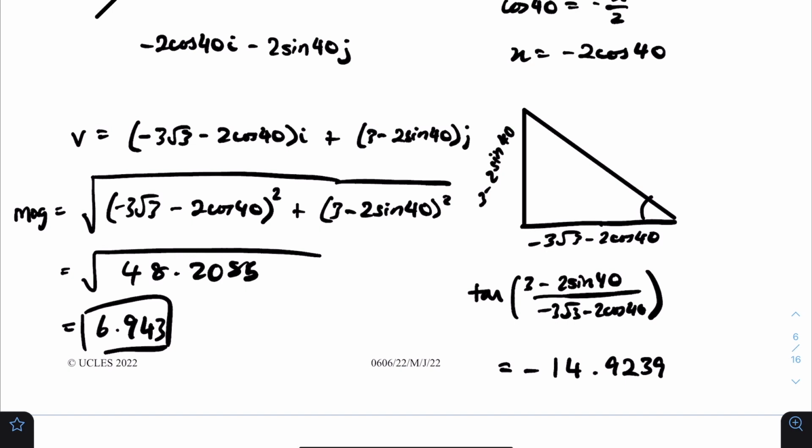So if we think about it that way, and if we label this right now, negative 14.92.